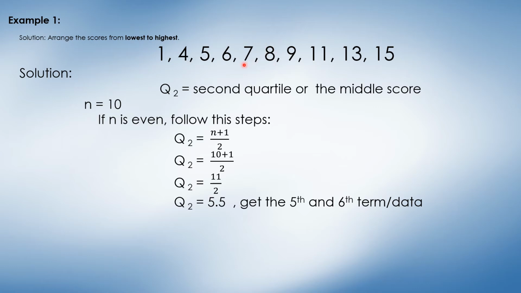So these are 7 and 8. We need to add those numbers and then divide by 2. 7 plus 8 is 15, divided by 2. So the second quartile is equal to 7.5.